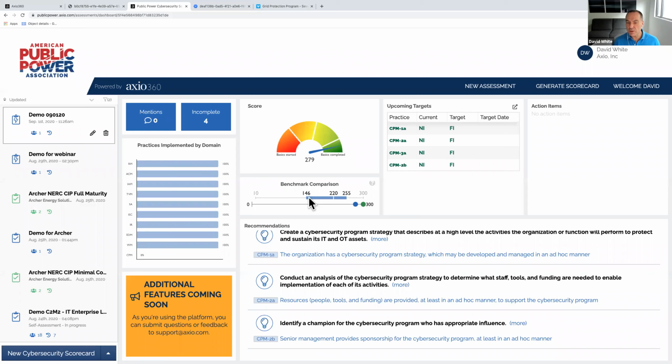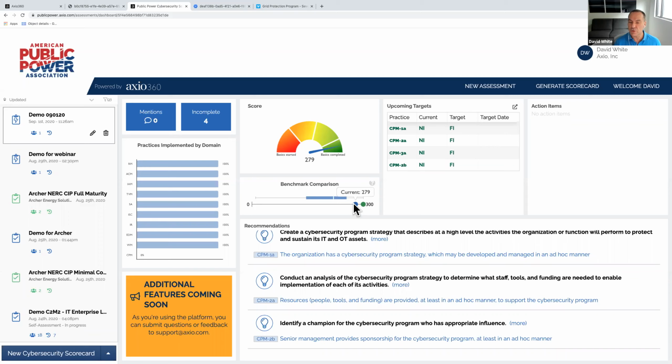And then that 146 is the 25th percentile. So 25% of the scores we have for scorecards are below 146, right? And then we have 25% between 146 and 220, another 25% between 220 and 255, and then the top 25% between 255 and 300.